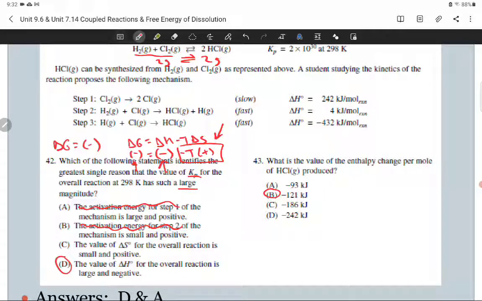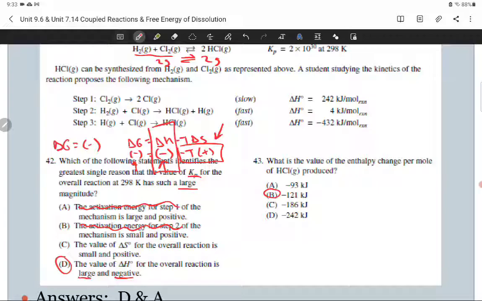But how about if the delta H was large and negative? That means that this is very overpowering as far as a number is concerned. So C and D are both possibilities, but D is a much better possibility than C.